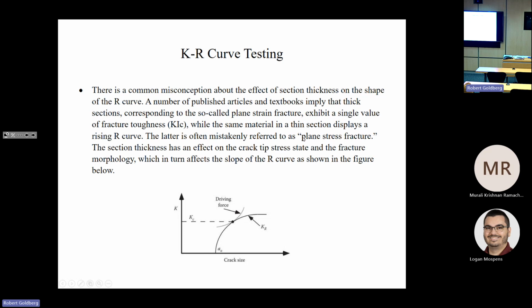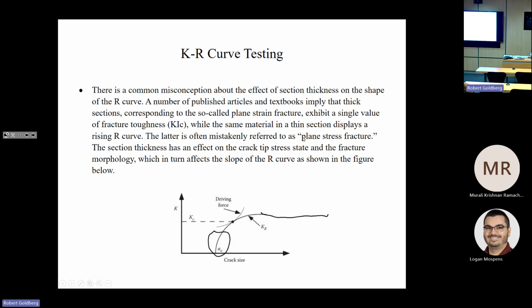At first, it's very steep, and we talked about this when we first introduced the R curves. Little or no crack growth occurs with the increase in the stress intensity factor, but as the crack begins to grow, the stress intensity increases with crack growth until you reach the steady state point where your R curve becomes flat.